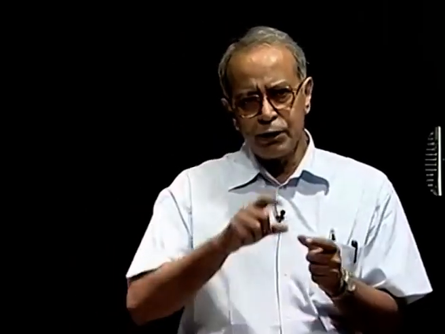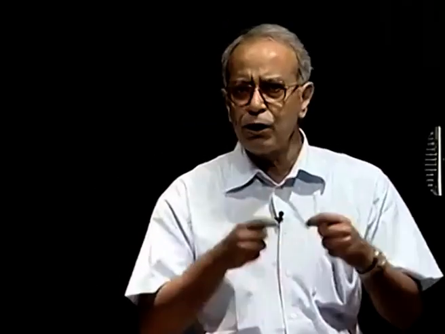For continuous transmission of rotation from one gear to another, it is imperative that a pair of teeth must remain in engagement at least until the next pair of teeth comes into engagement. It should not happen that one pair of teeth has lost its engagement and the next pair has not come into engagement, because then there will be no transmission.